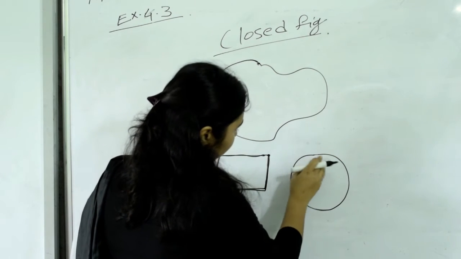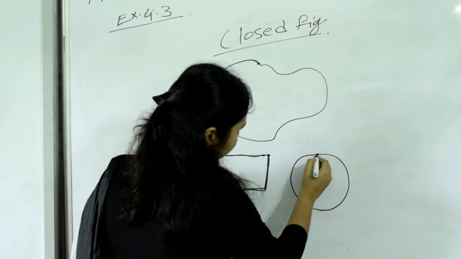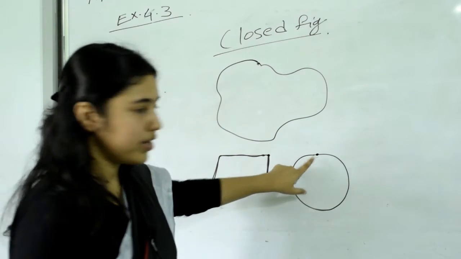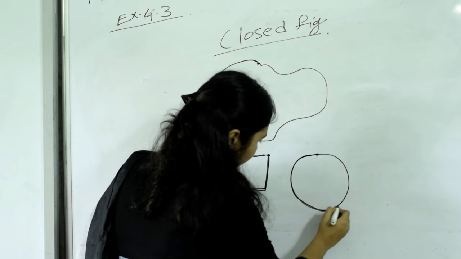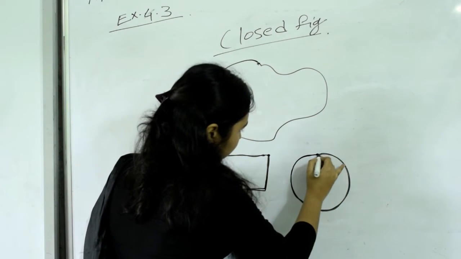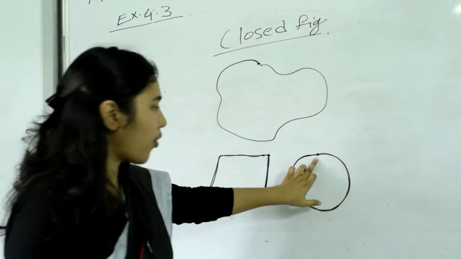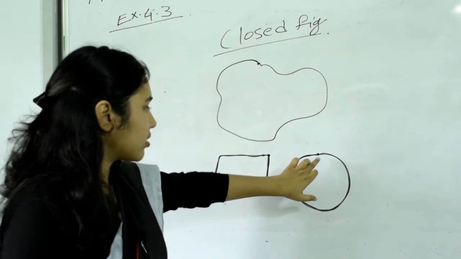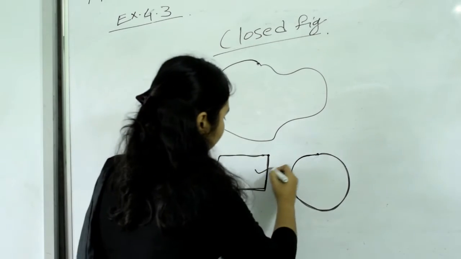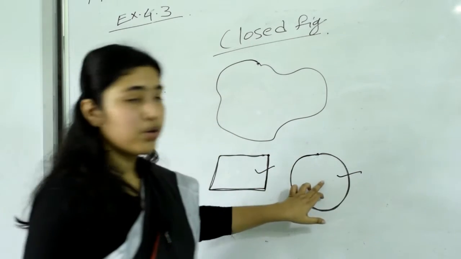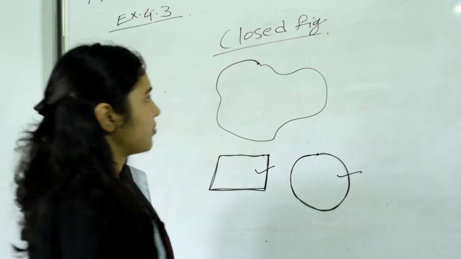Suppose this is a circle, and if this is the starting point, start from here, and here the starting point and the end point are also the same, which means square and circle are both closed figures.